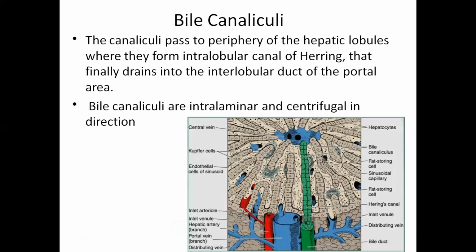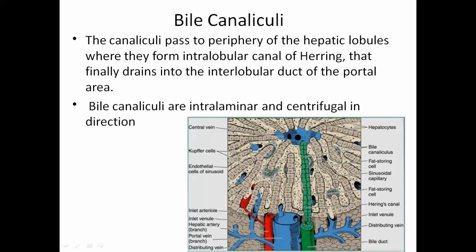The canaliculi pass to the periphery of the hepatic lobules. These are the canaliculi. These are intralaminar. They are inside the lamina. Lamina contains the hepatocytes. So when these bile canaliculi pass to the periphery of the hepatic lobule, they form a canal. This canal is known as the canal of Hering, which opens or drains into a bile duct, a branch of the bile duct or interlobular duct of the portal area.